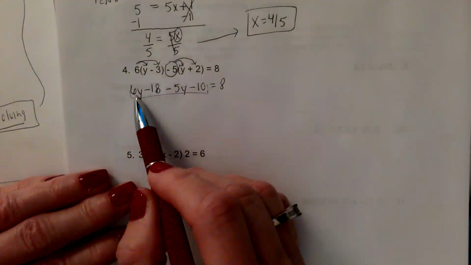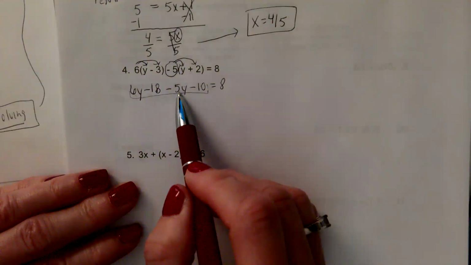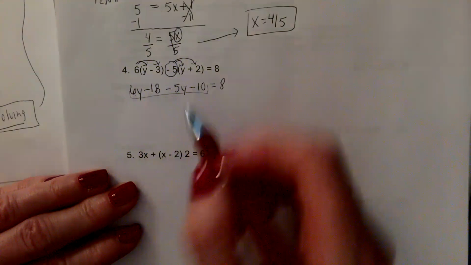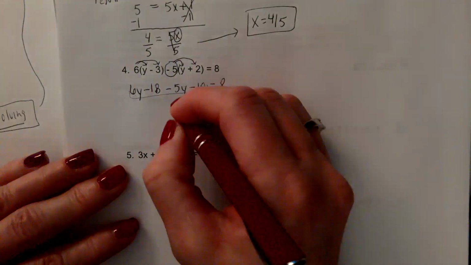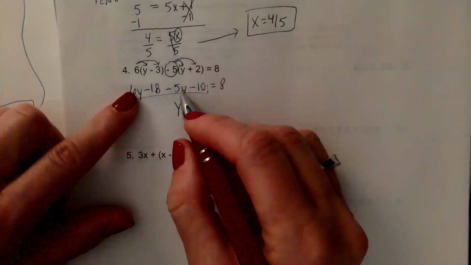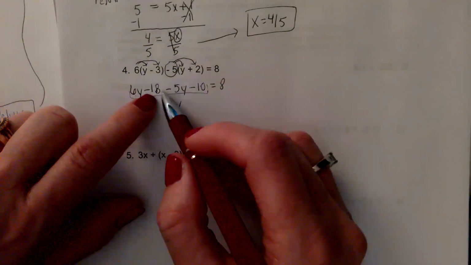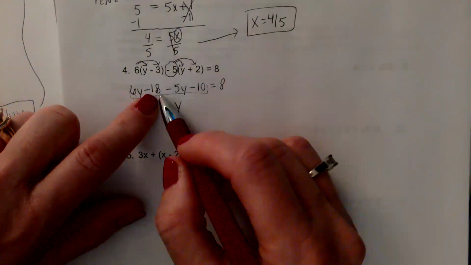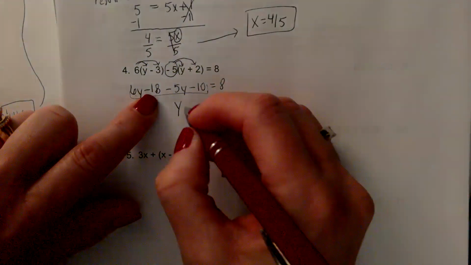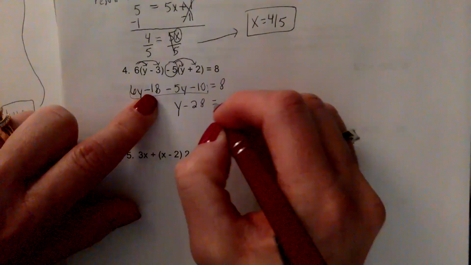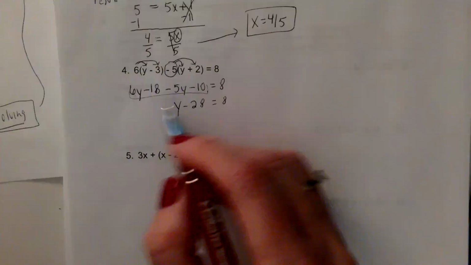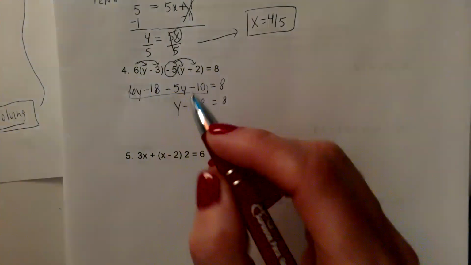So I have 6y and a minus 5y. So I've got positive 6 and minus 5. So I've got a positive y when I gather all of those. And then I've got -18 and -10. When I gather those together, I've got a -28. I'm still on the left side of the equation, so all I'm doing is combining like terms.